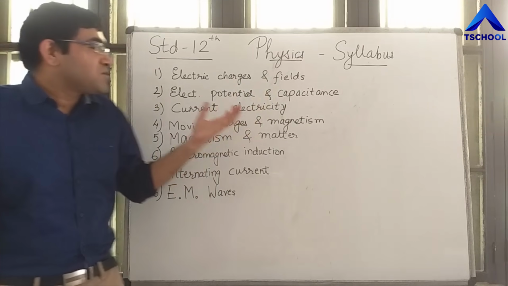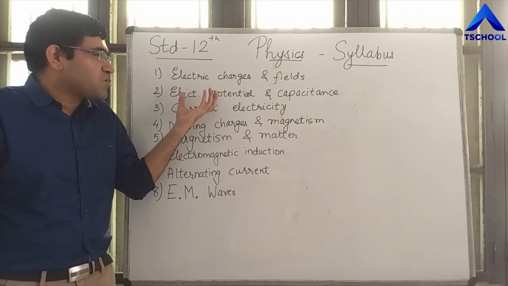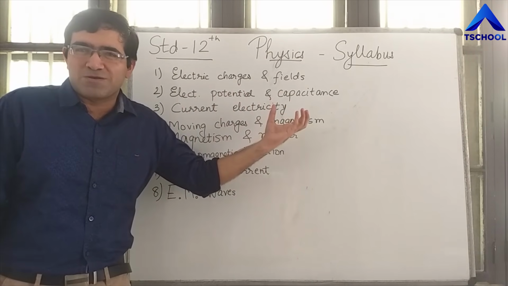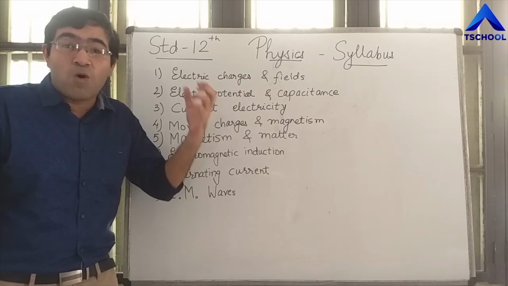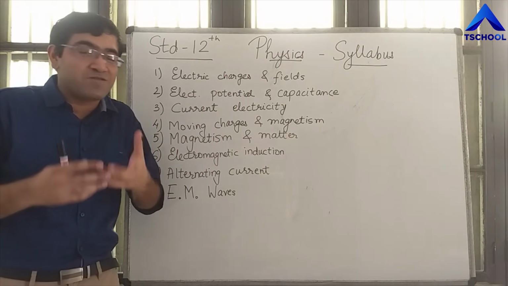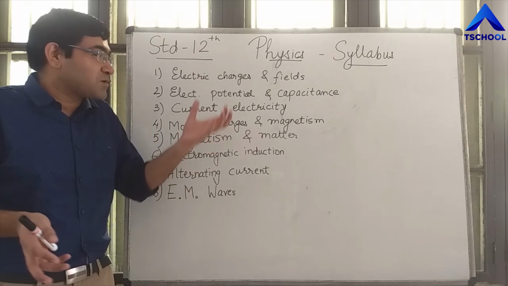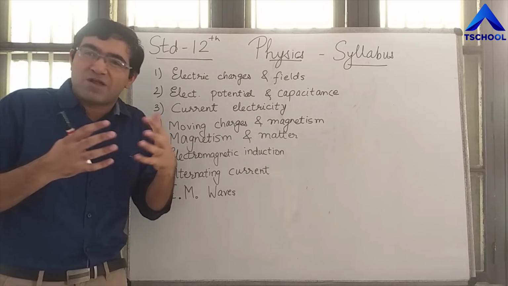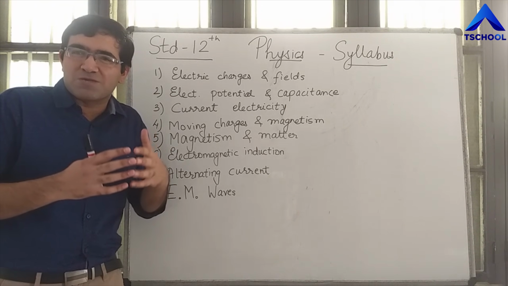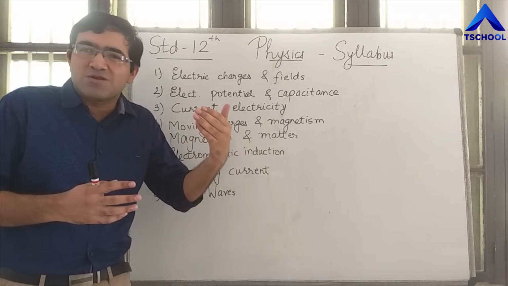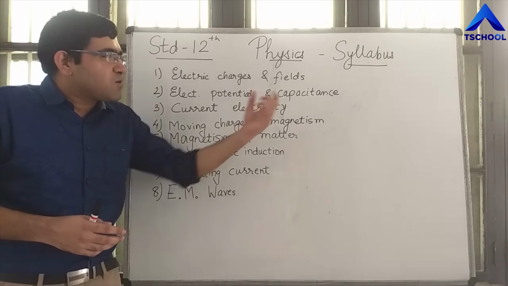The second chapter is about electric potential and capacitance. I'm sure you have heard of the word voltage and you keep hearing it every now and then, right? Electric potential and voltage are very closely linked with each other. Electric potential is what ultimately leads us to talk about voltages.